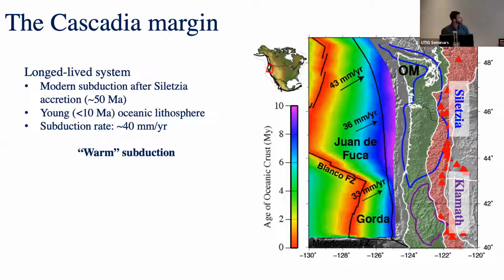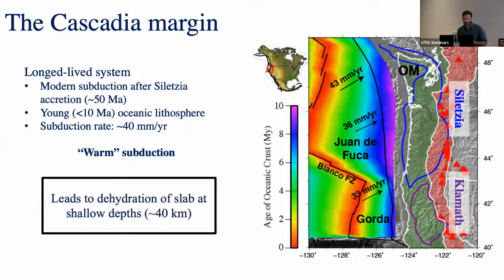And what that means is we get dehydration of our downgoing oceanic lithosphere at about the shallowest depths we can get for this eclogite transition, the main water-producing metamorphic reaction that takes water out of our downgoing slab as it moves to eclogite.